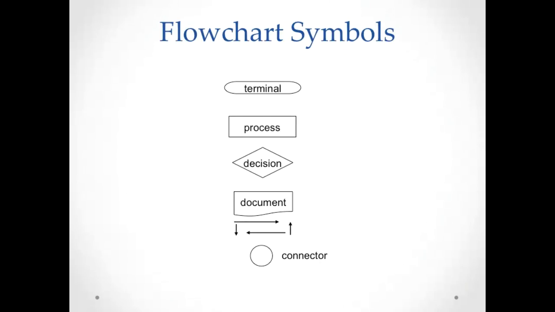A 30-page flowchart is really not going to help anybody. But when you do need to go from one page to the other, you use a connector, and you put numbers in them. So the circle with a connector 1 on it would meet up with a circle with the same number 1 in it on a different page to show that they connect. And we'll show examples of all these and walk through them.